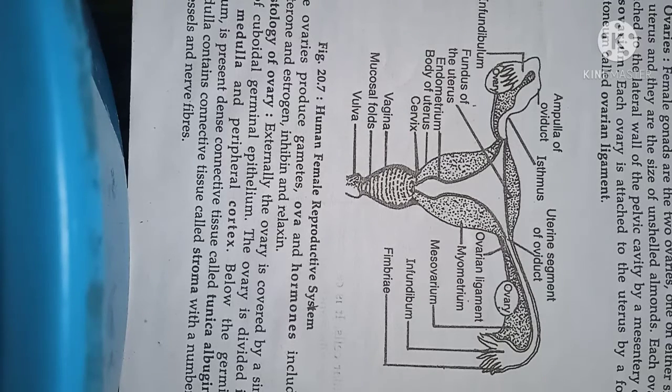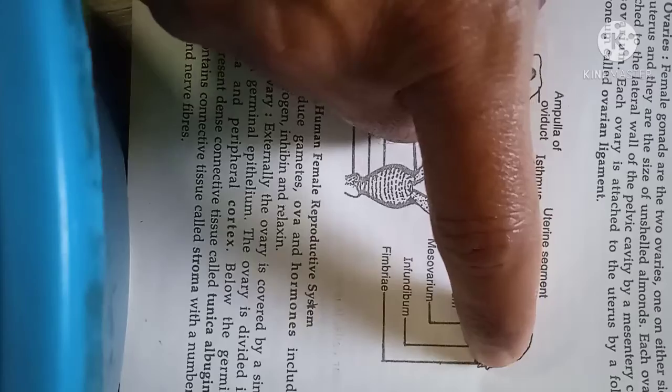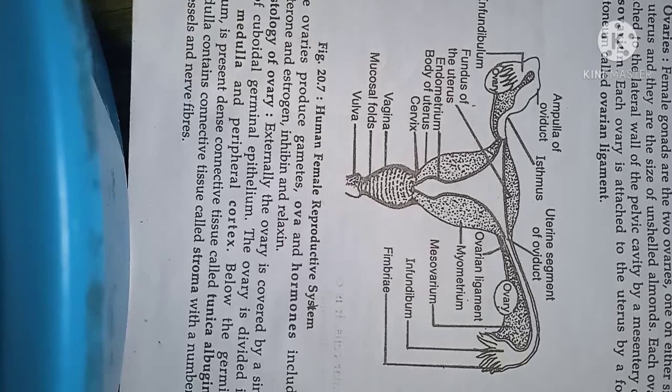Each oviduct is divided into 3 parts: infundibulum, this one, then isthmus, this one, and ampulla, this one.